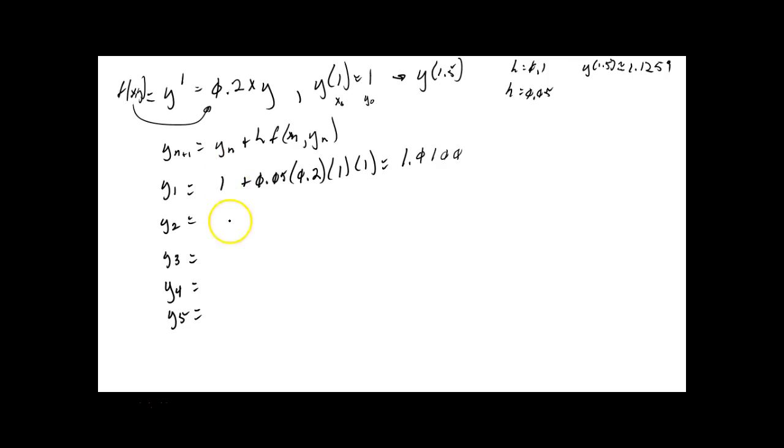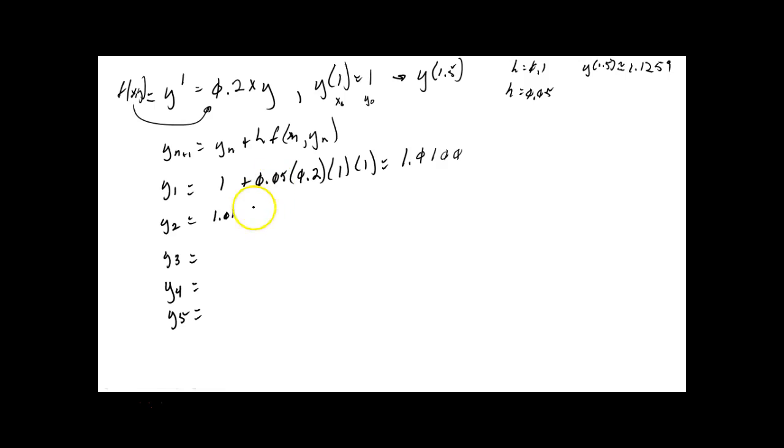Now, using that, 1.01, I'm going to write all those extra zeros down. Plus, now I'm going to combine these two together. 0.05 times 0.2 is 0.01, right?